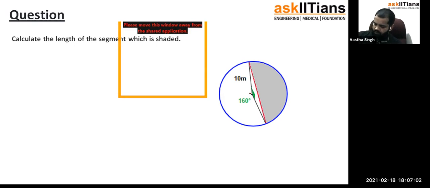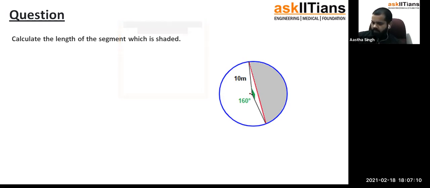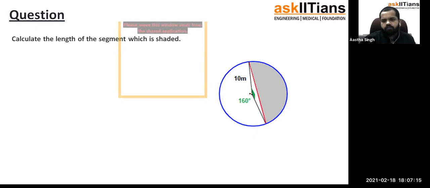How will you calculate the length of the segment? It is just asking about the perimeter of your segment. So the perimeter of your segment includes this length of an arc. Suppose this is point A and this is point B, then it is asking for the length AB.